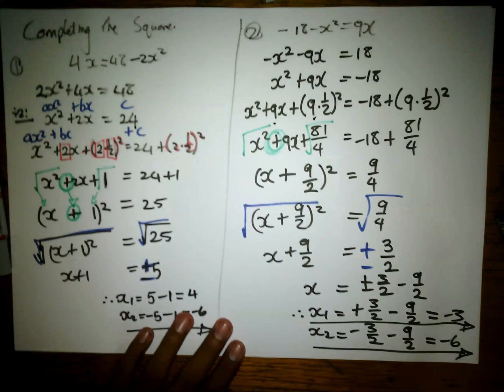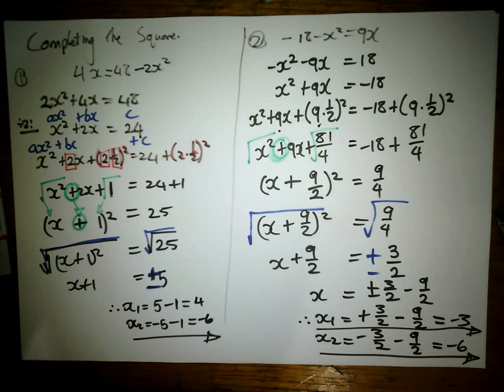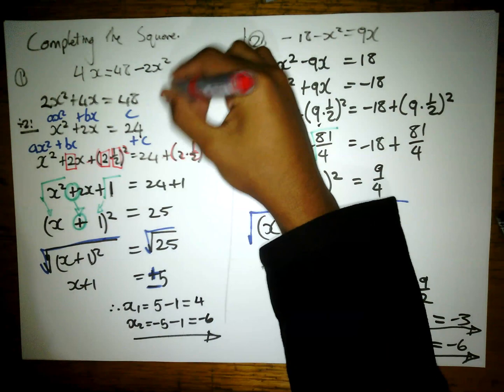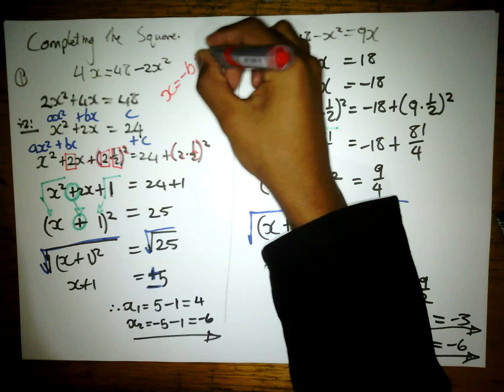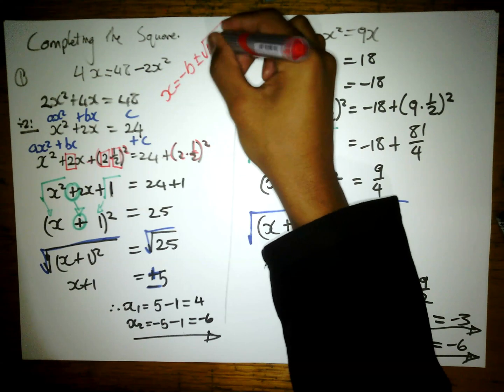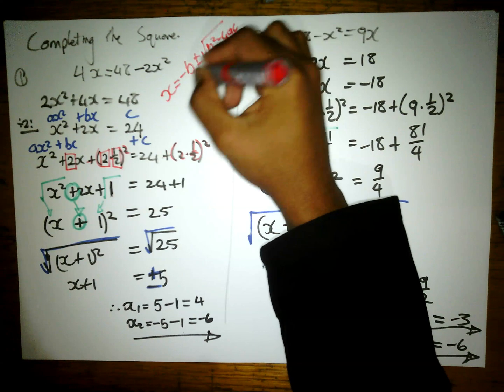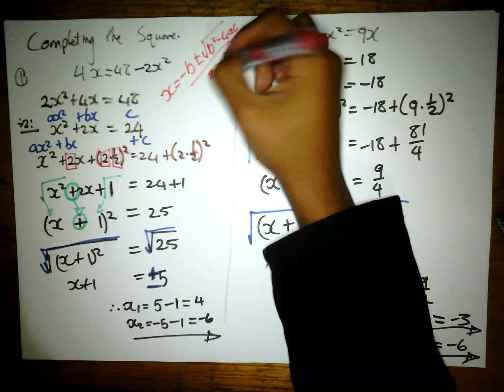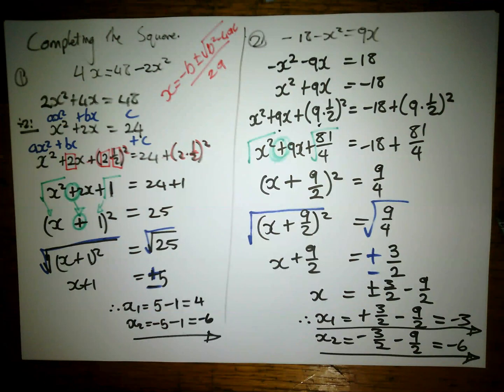One of the sirs now said they used minus b plus minus the square root of b squared minus 4ac, over 2a. Yes.